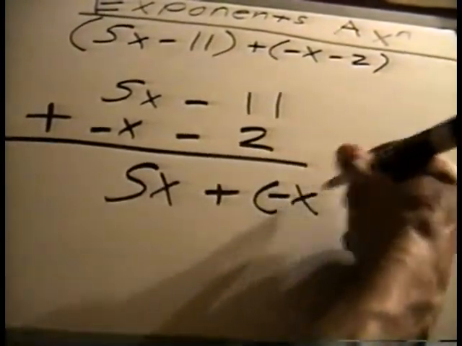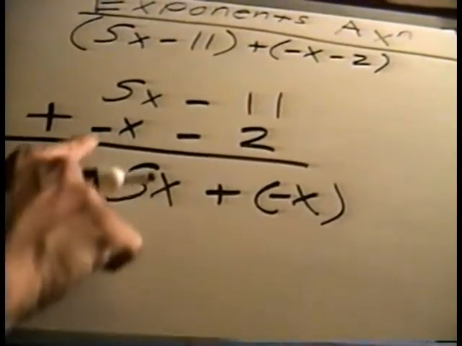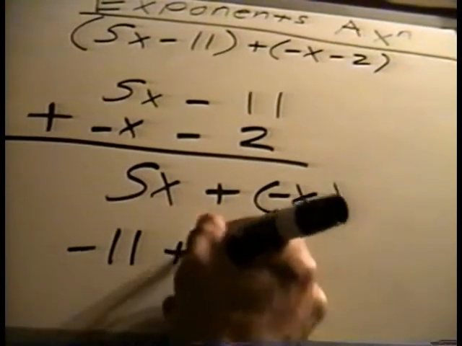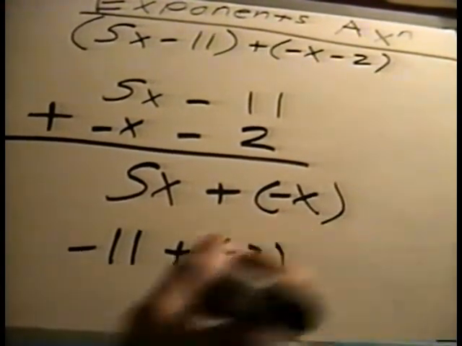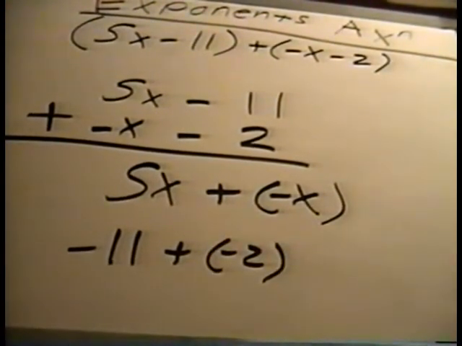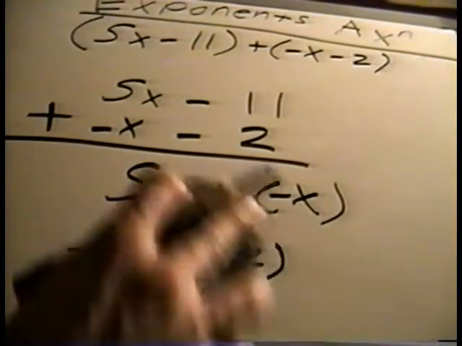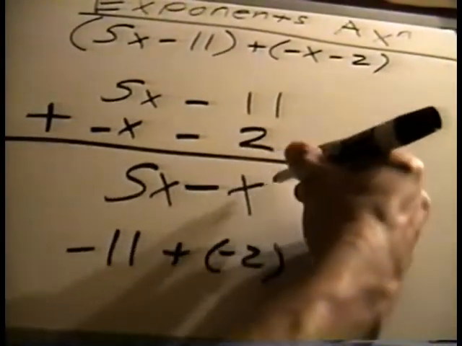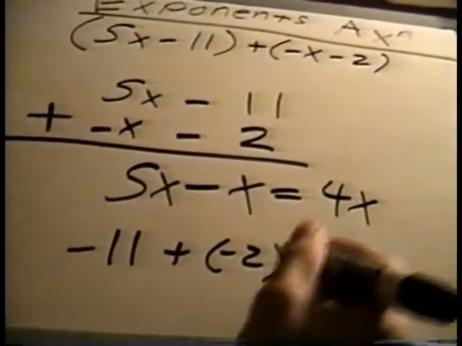Now here we add this negative x plus 3x. That's the same as saying 3x minus x, or 3x minus 1x.